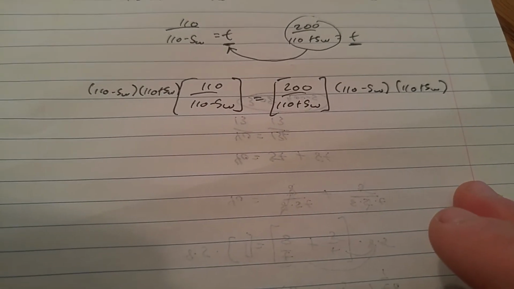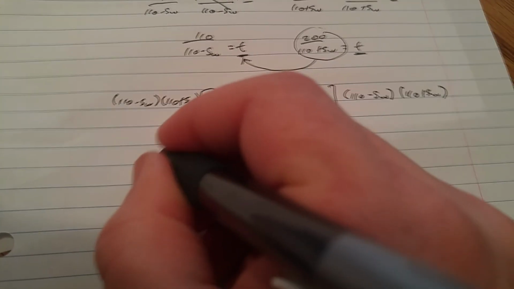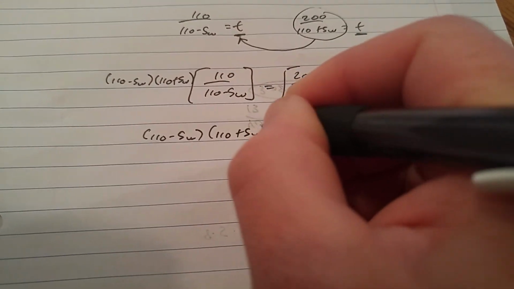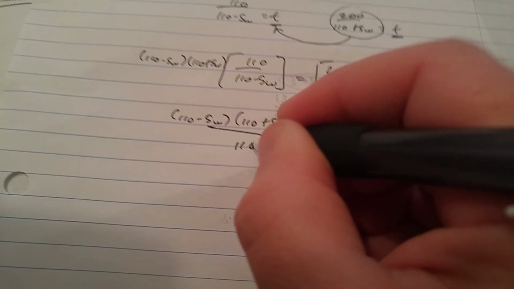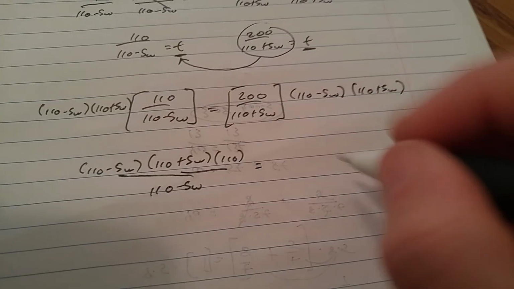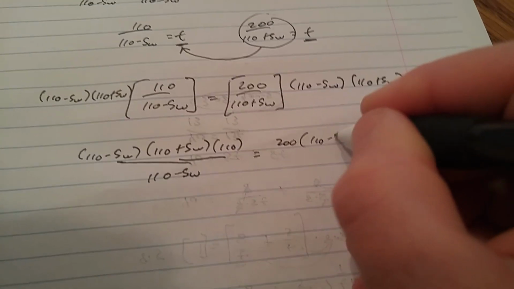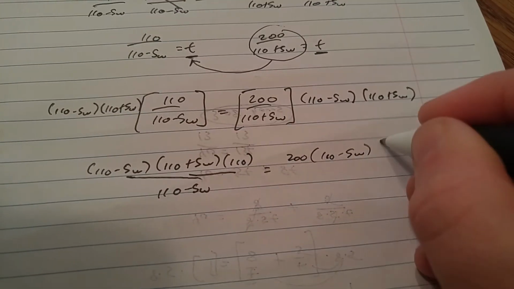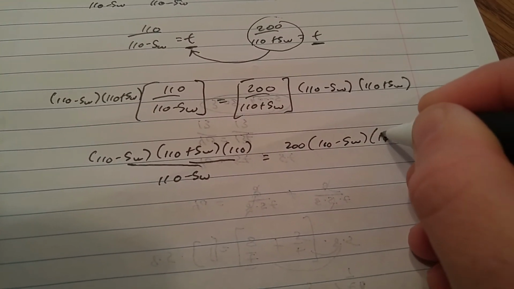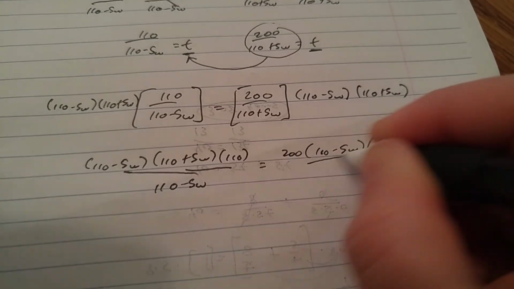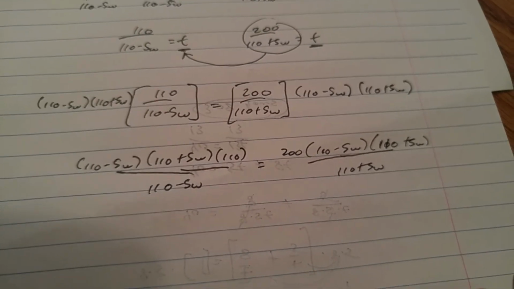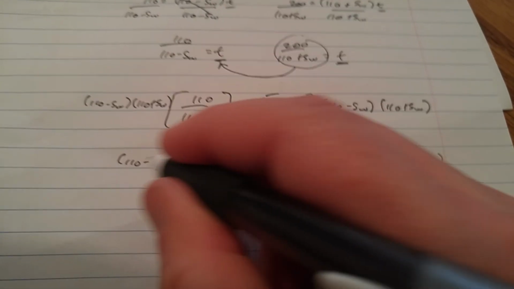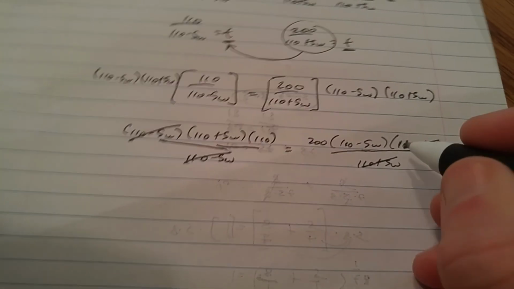on both sides. Right? So now I have 110 minus speed of the wind, 110 plus speed of the wind, times 110 over 110 minus the speed of the wind equals 200 over 110 plus the speed of the wind. Okay, so I can see that this cancels this, and this one cancels this one.